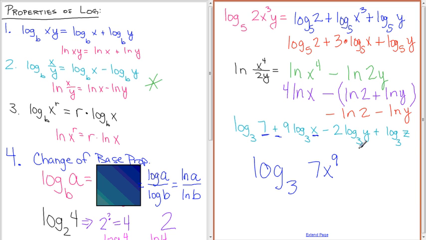Now it says minus 2 times log base 3 of y. Subtraction means you divide, so we have to divide by y, and the 2 becomes its exponent. And because this then says plus log base 3 of z, it's times, so we put a times z, which then you can simplify this to log base 3 of 7x to the 9th z over y squared.